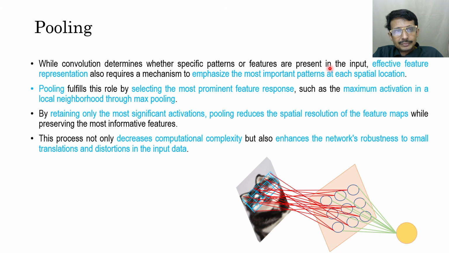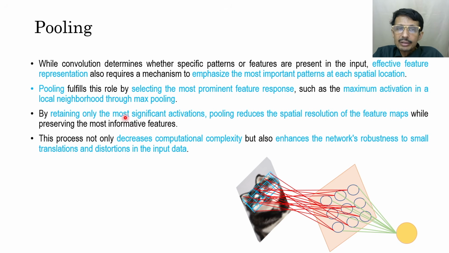This is done by pooling. Pooling fulfills this role by selecting the most prominent feature response, such as maximum activation in a local neighborhood, through max pooling. And sometimes we require some average out of it; we can do the average and so on.